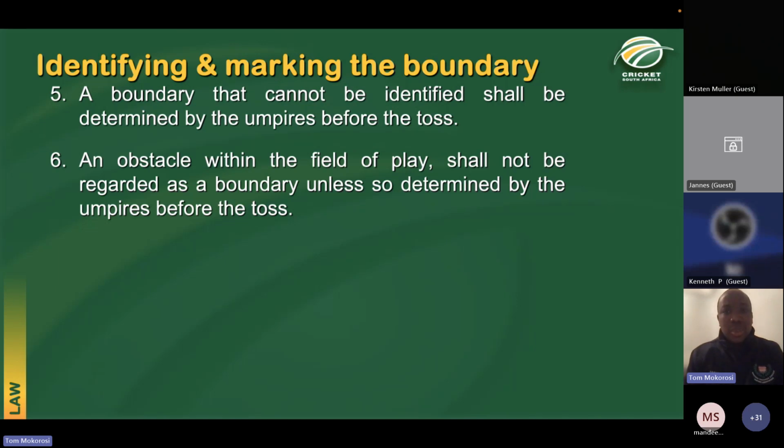So what you might want to do as umpires is put a traffic cone or a ball cone in the gap where the rope is missing. You just need to inform the captains exactly what you have done, that you are using as a boundary before or at the toss.